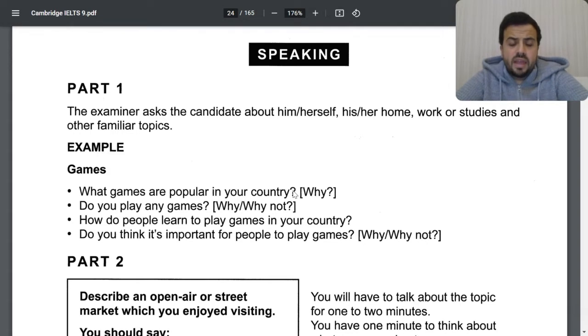Actually, I believe that it's not only in my country, but nowadays, computer and mobile games are very popular, especially during the coronavirus period. We all stayed at home for quarantine, so we can't go out to play. So all people actually switched to mobile and computer games.